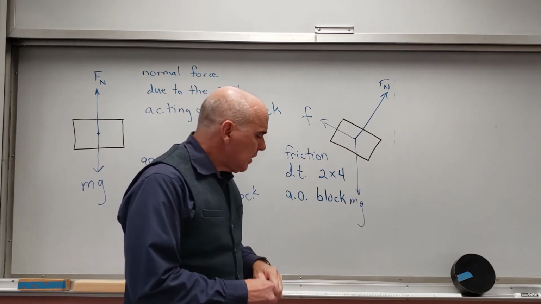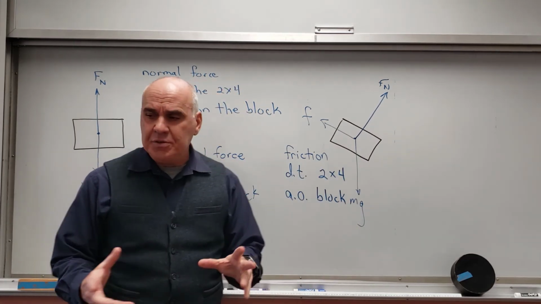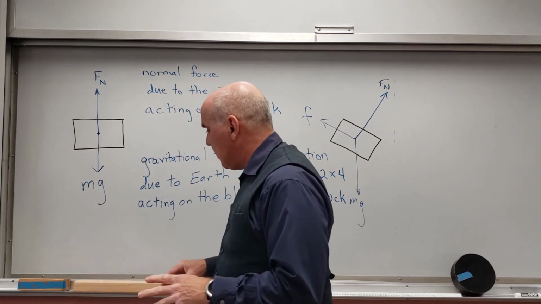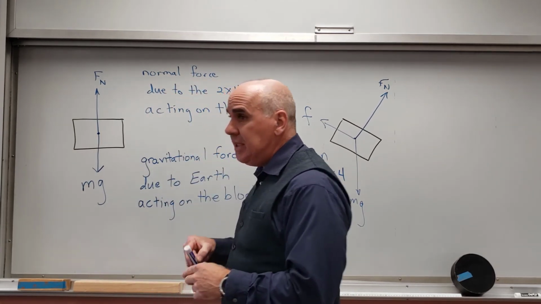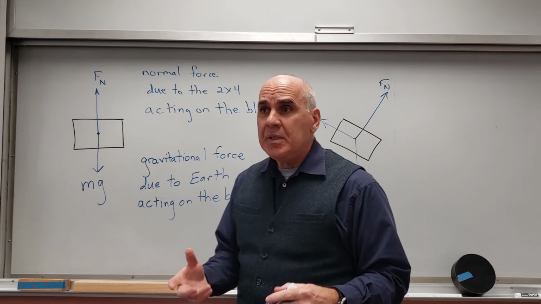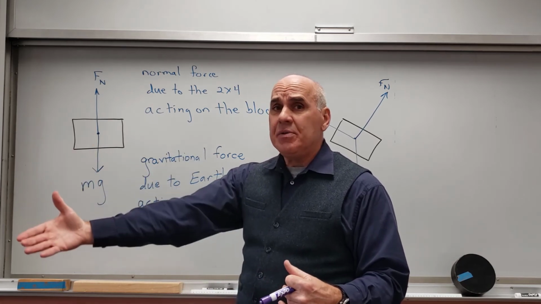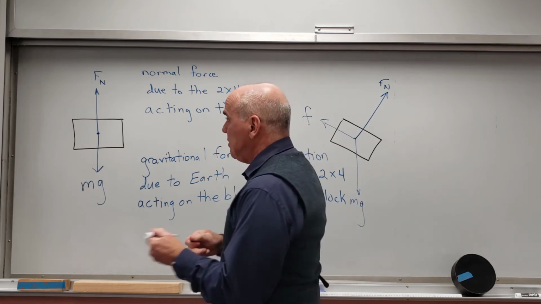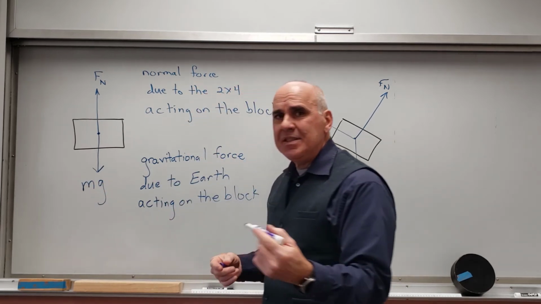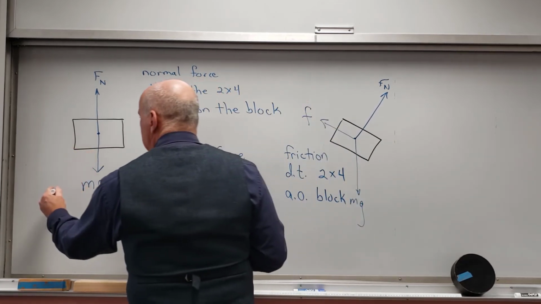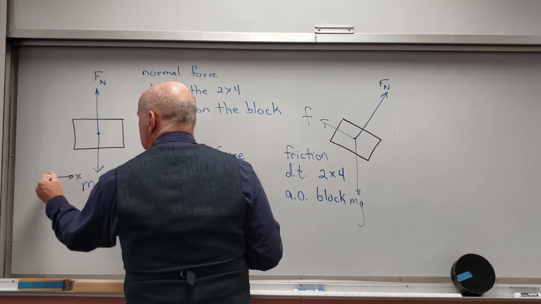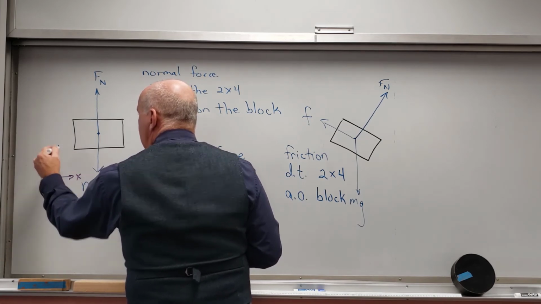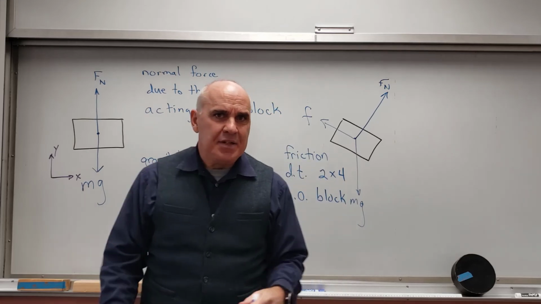Okay? Now, one thing I'll point out before we get too crazy here is when I do this kind of a problem, I need coordinate axes. Because I'm going to write equations. I'll write the equations in a future video, but we're going to have to write equations. So when I do that, I want to make the axes convenient. So for this one, I would make the x-axis to the right and the y-axis up, because that's convenient.